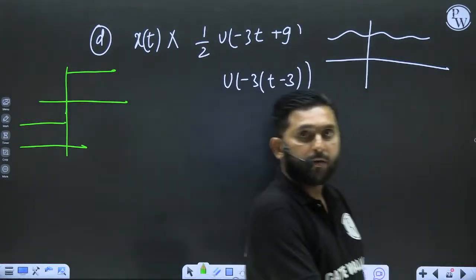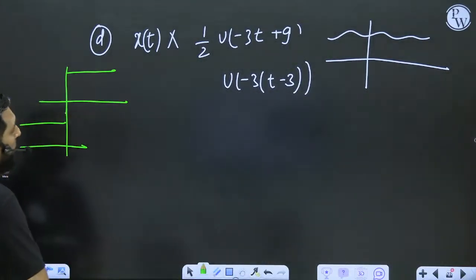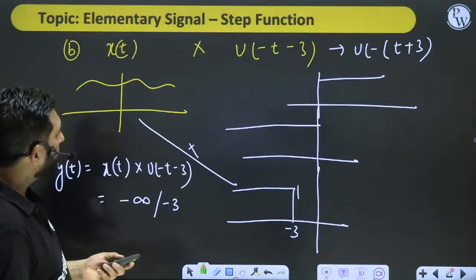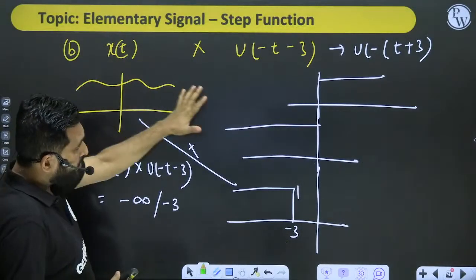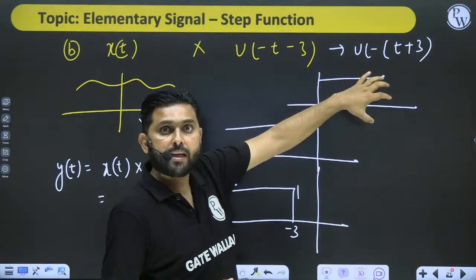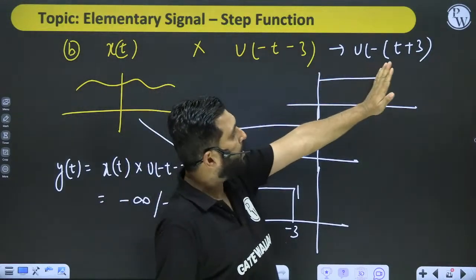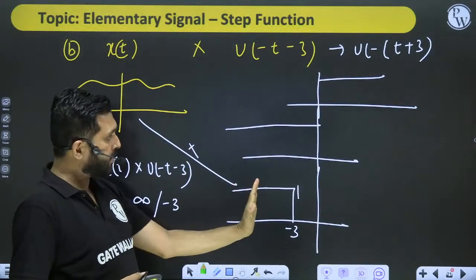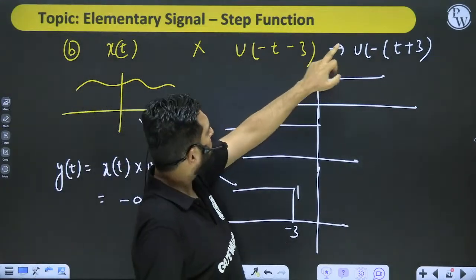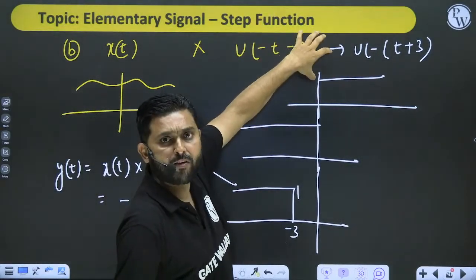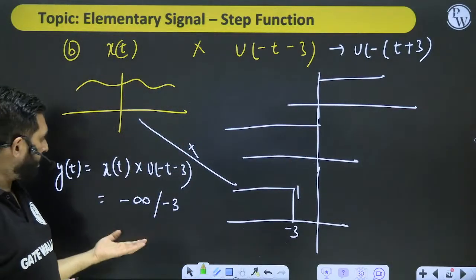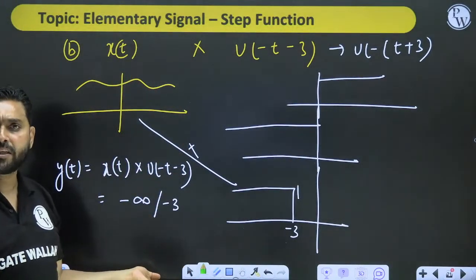Sorry. So before those 30 to 40 seconds, what I was telling you is that this step function is simply used to change the limit of this function. Whatever the limit of this step function is, according to that the limit of x of t will change.